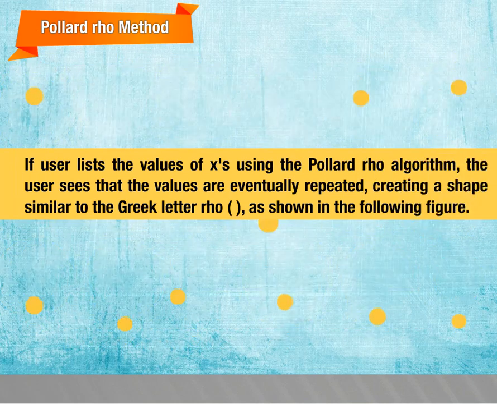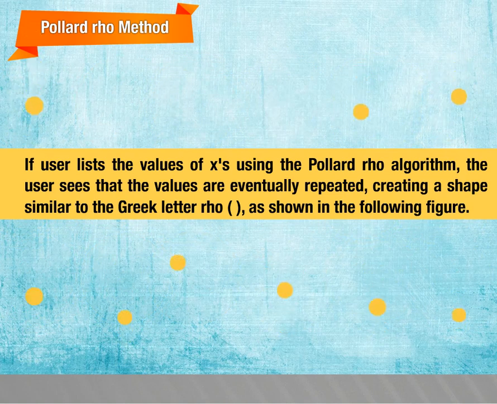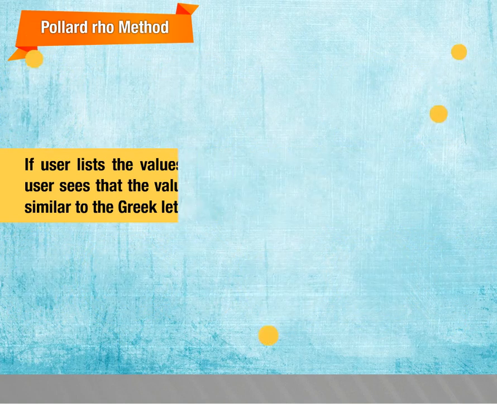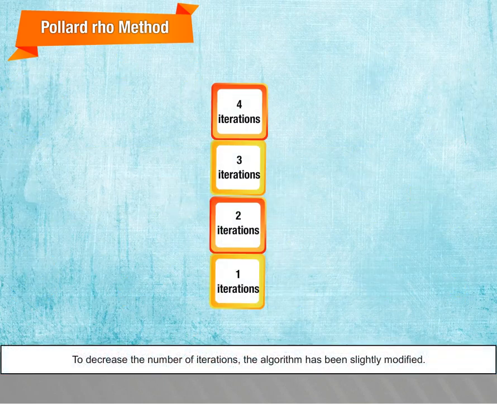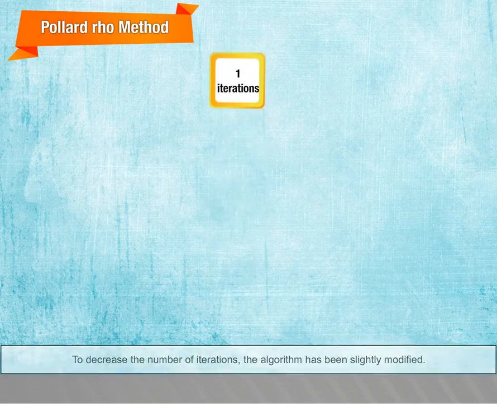If user lists the values of x using the Pollard rho algorithm, the user sees that the values are eventually repeated, creating a shape similar to the Greek letter rho as shown in the following figure. To decrease the number of iterations, the algorithm has been slightly modified.